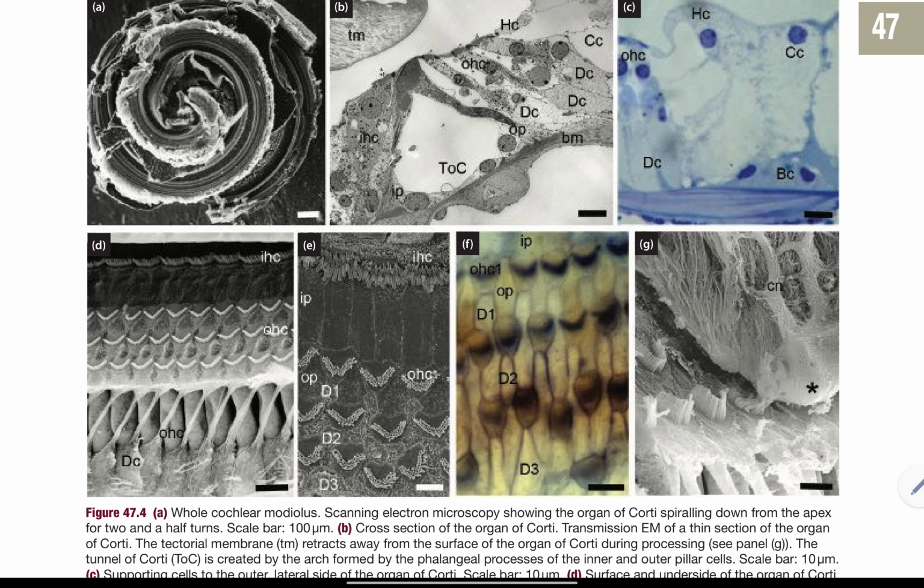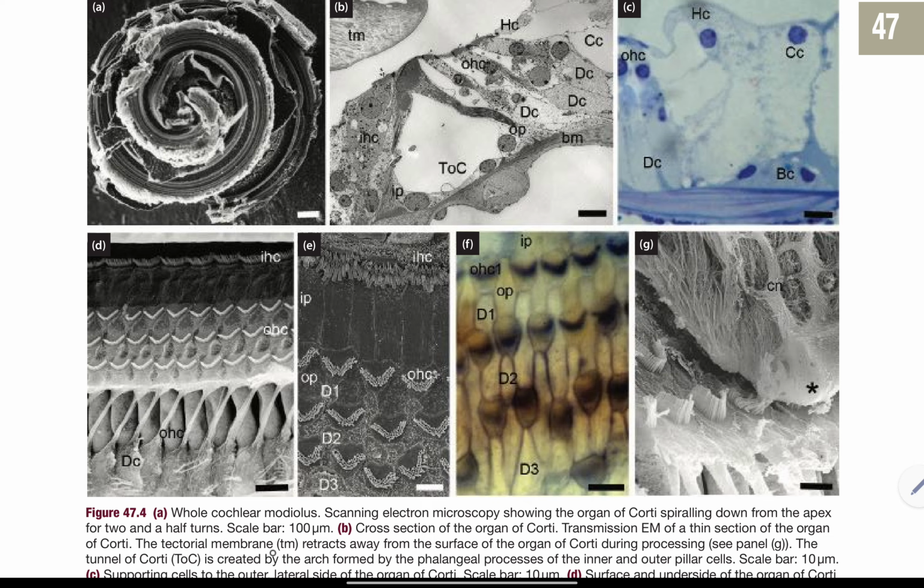A is a whole cochlear modiolus, scanning electron microscopy showing the organ of Corti spiraling down from the apex for 2.5 turns, scale bar 100 μm. B is the cross section of the organ of Corti, transmission EM of a thin section of the organ of Corti.